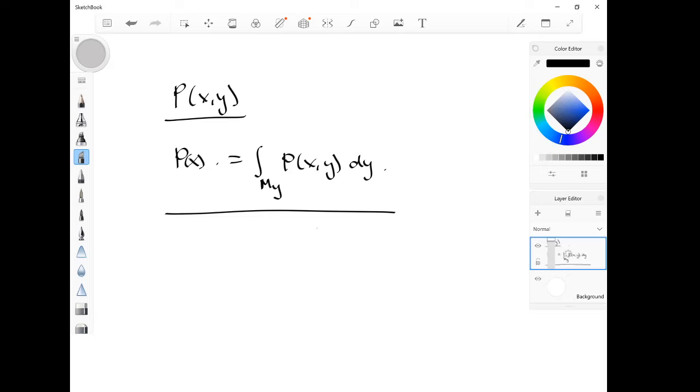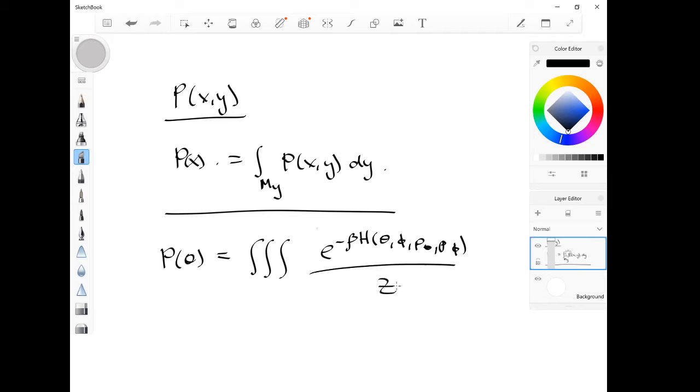And so to get the probability distribution P of theta, we need to integrate over the other three variables, e to the minus beta h of theta, phi, p theta, p phi, over z.